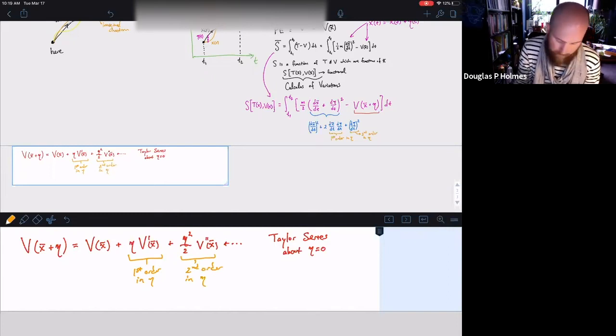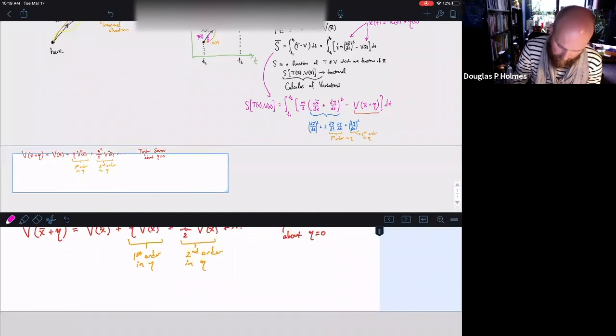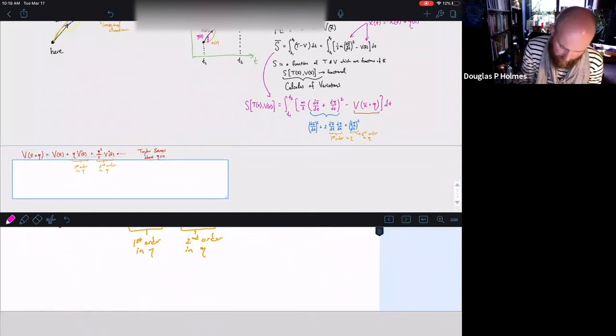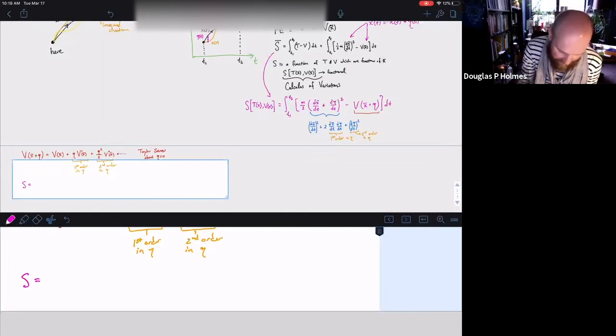Okay. So now we can go back to our action, which we were writing in pink. So let's do that again. And we can just substitute everything back in. So we can go back to our action, S. And since eta is small, I'm only going to keep the first order terms. And I'm going to write that with a mathematical notation like this.